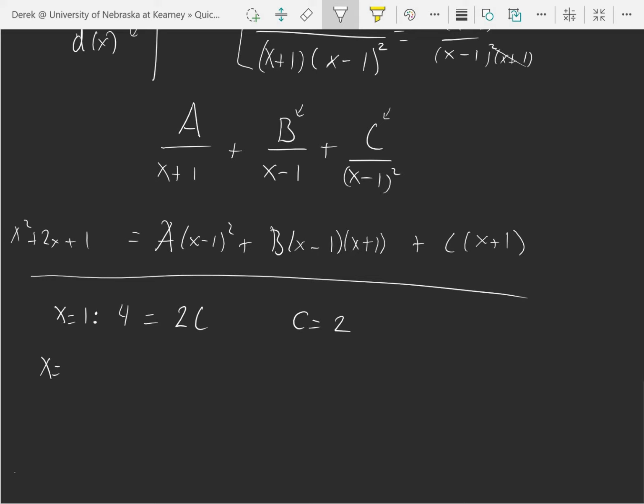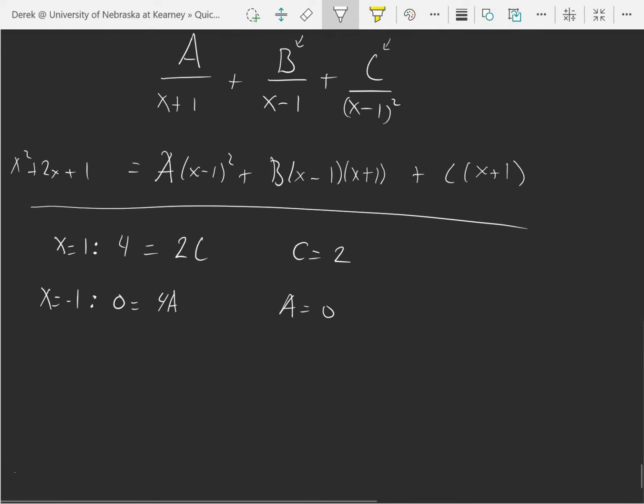Let's do x equals -1. If I put -1 in, I get 4a, the left hand side. If I put -1 in there, I get 0 equals 4a, since the -1 terms are 0. So this tells me that a equals 0. Okay. I still have to figure out what b is.